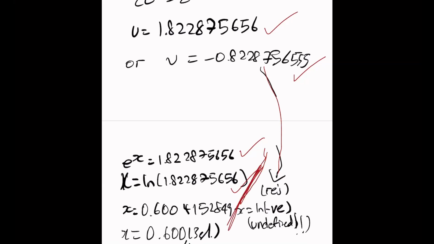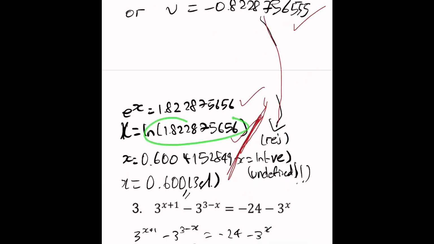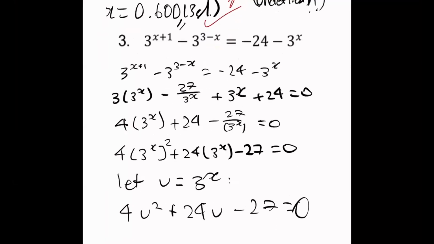You have to take the ln of a negative, which is undefined. Okay, so you ignore it. Then this one is just the value, is it? Let me double check with a calculator. 1.82287556. 0.6004. Yep, correct. Okay. 3SF is 0.600.